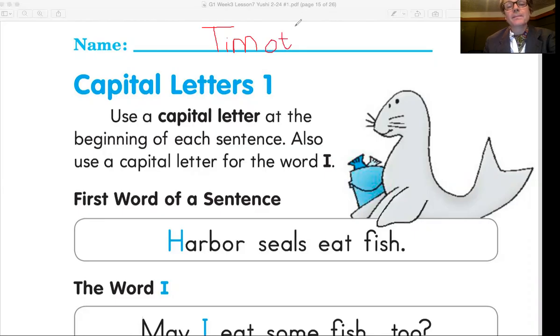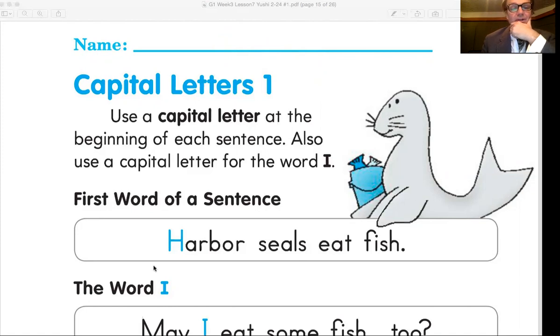Writing my name here on our worksheet. You should probably write your name on yours if you have it there. Maybe you've copied it off and you can write your name. There's my name. Capital letters. Here's our worksheet.